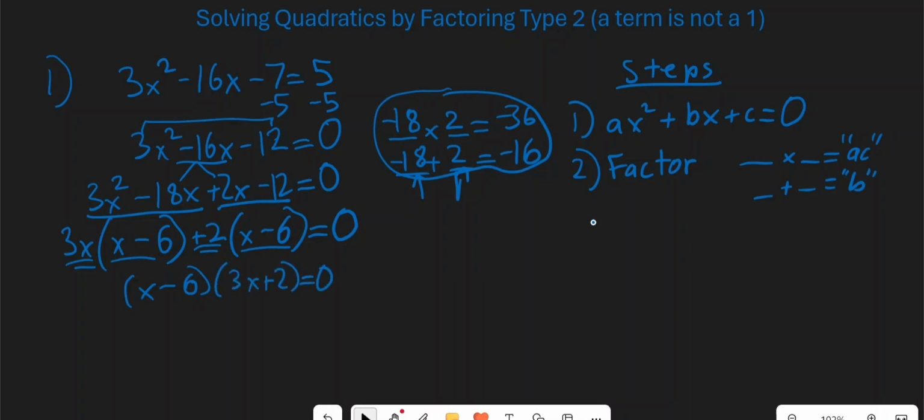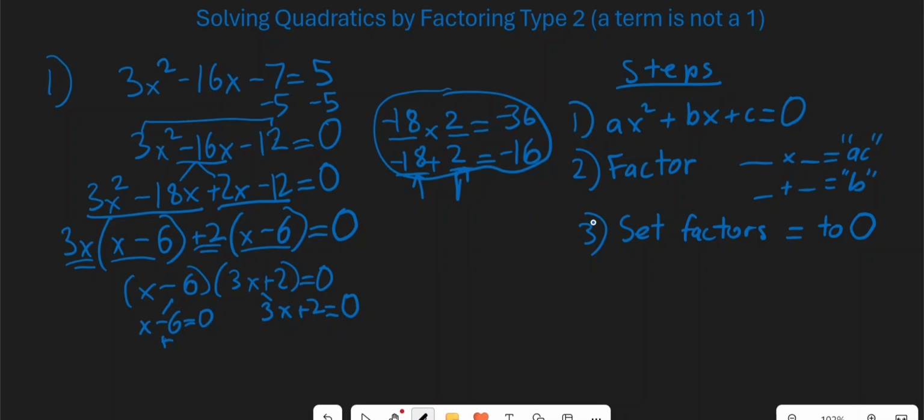So step 3, once you factor everything, you want to set both factors equal to 0. Either x minus 6, which is your first factor, is equivalent to 0, or 3x plus 2 is equivalent to 0. You want to solve both individual equations to get the two values of x.